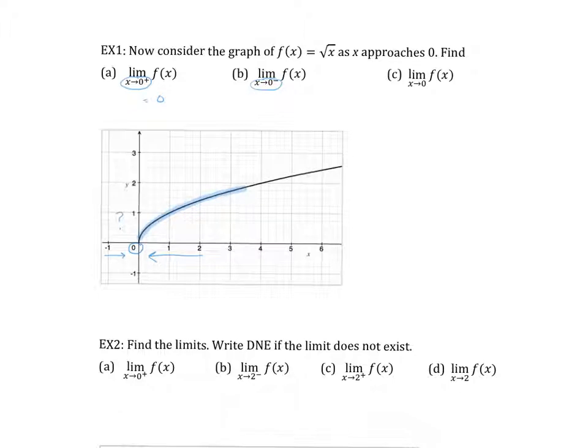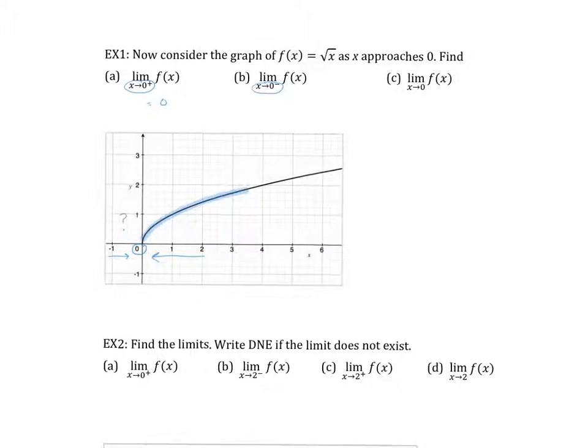So the limit doesn't exist there. Our y values don't exist, so we can't be approaching anything. So we can say the limit does not exist. And a shortened term that we often use in calculus is DNE, for does not exist.